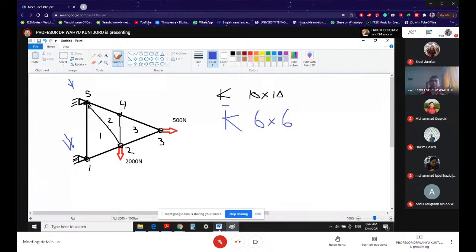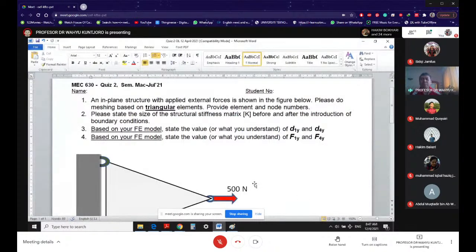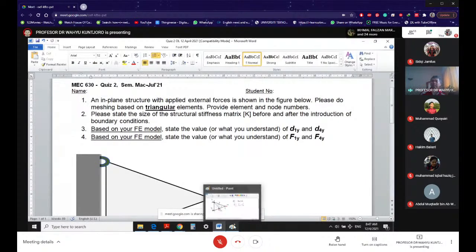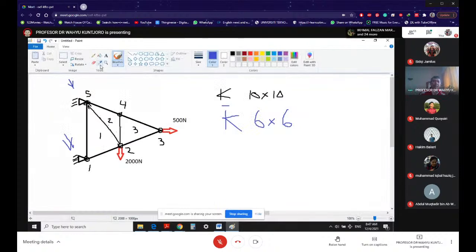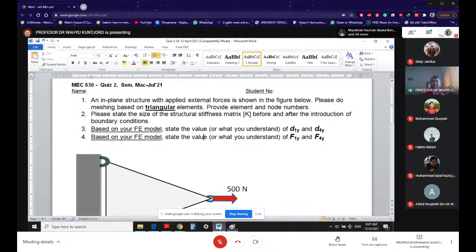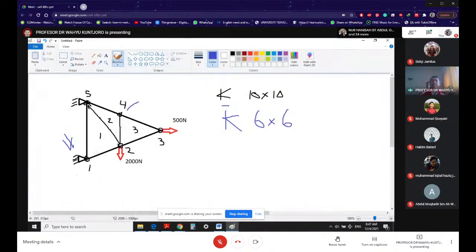Next is, what is the value of D1Y and D4Y? So let's look at D1Y, D4Y. D1Y is the support. D4Y, as we have over here, is that node. Okay. So now if you look at this here, D1Y is the displacement at node number 1 in the Y direction.